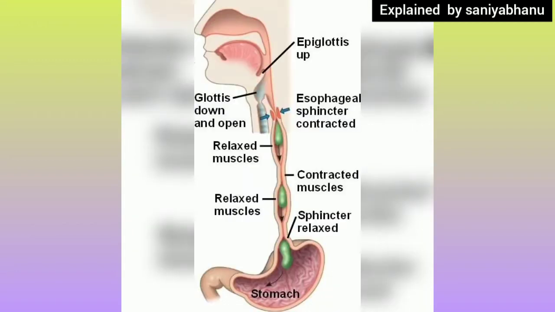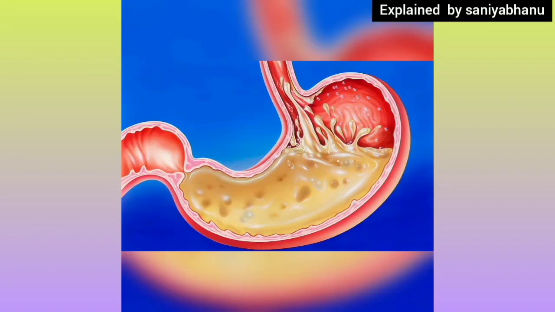At the stomach, food gets churned with gastric juice and HCl, rendering the medium acidic. Now, the food is in semi-solid condition.